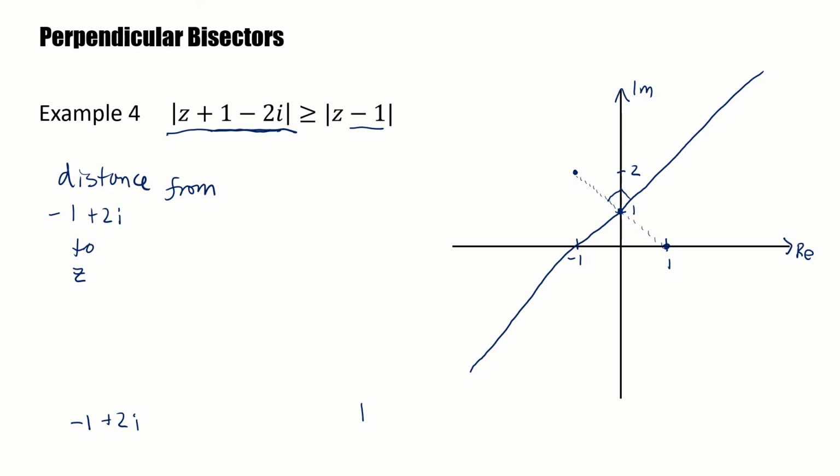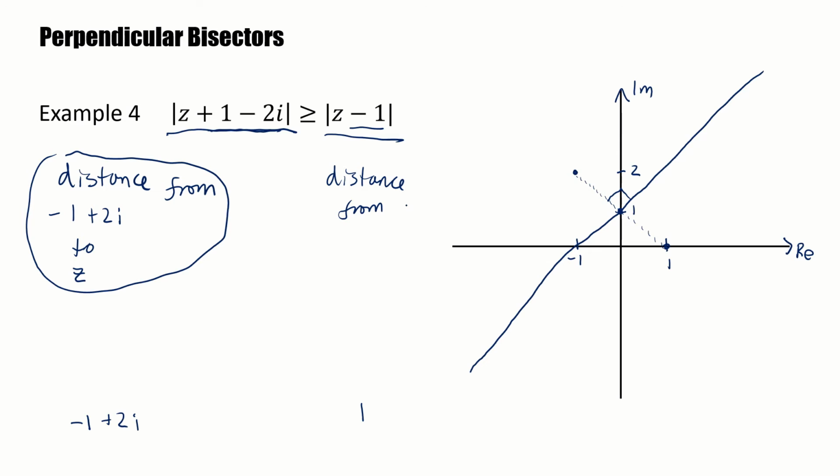And the points z are meant to be representing the points we are shading. And then this notation on the right-hand side is saying the distance from positive 1 to, again, the point z.